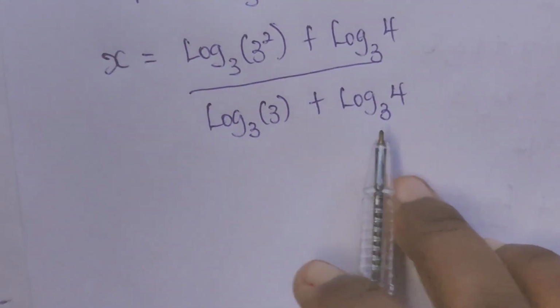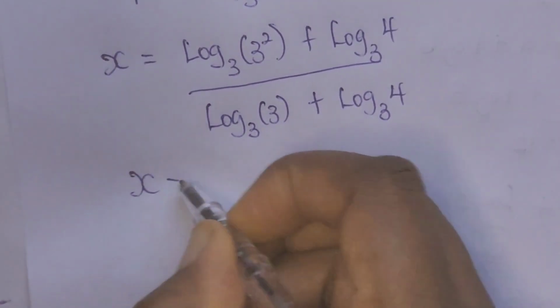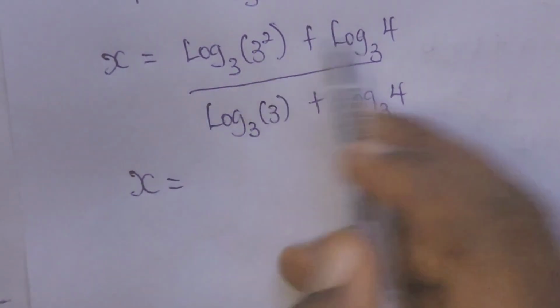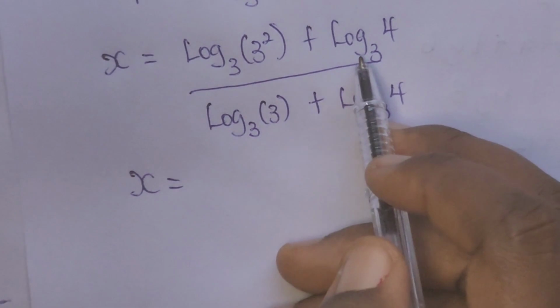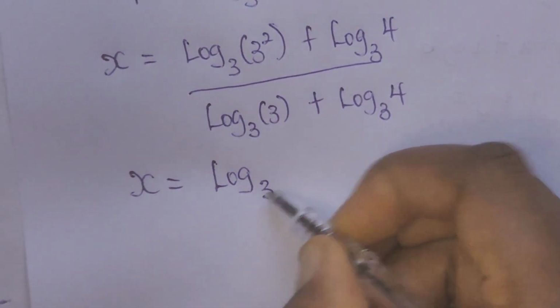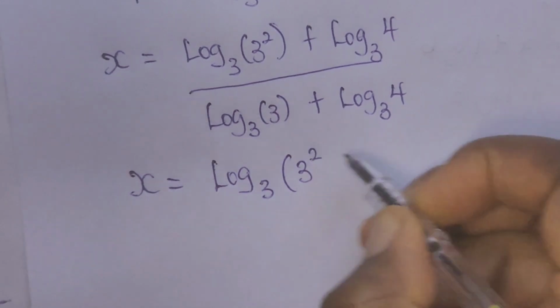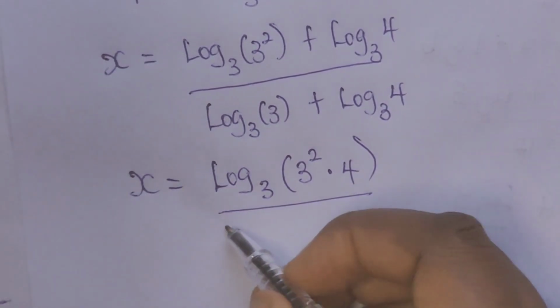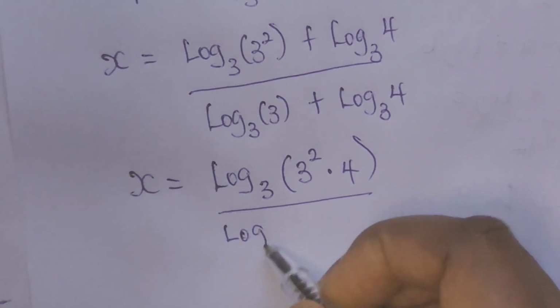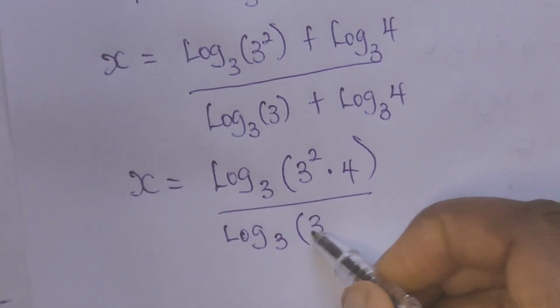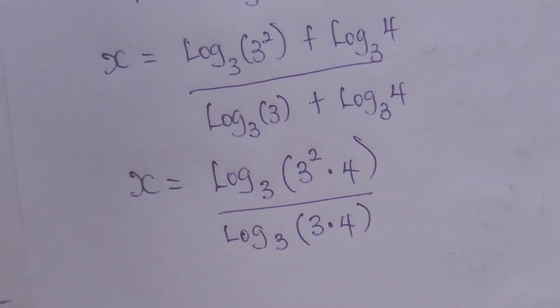So simplifying further, we'll have x to be equal to, since they are adding and they have the same base, we then have log to base 3 of 3 squared times 4, all over log to base 3 of 3 times 4.